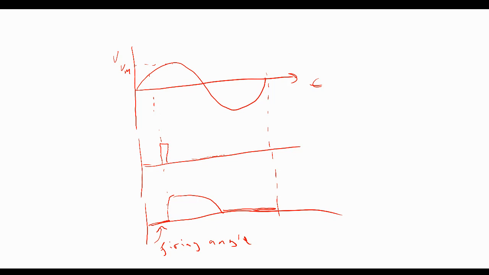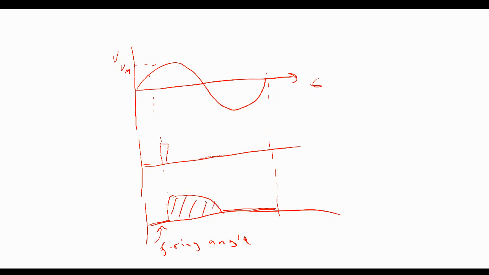So depending on where this pulse is, remember I told you that you can change that variable resistor and change the pulse. By changing the pulse, where it starts, we can basically change the firing angle. By changing the firing angle, we're able to change the average output voltage.